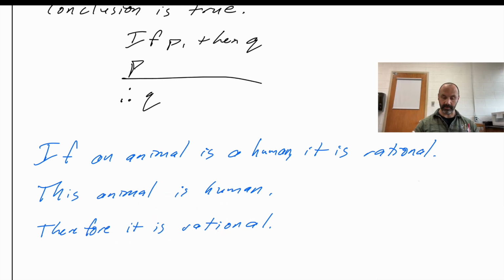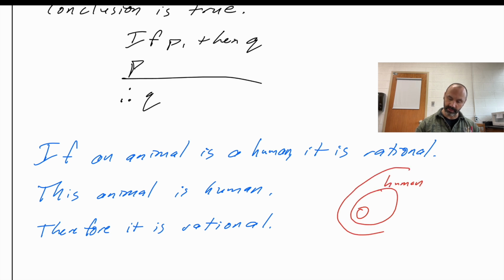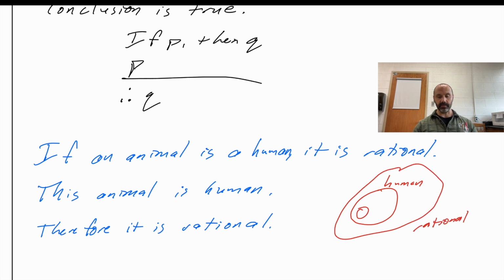We can make a Venn diagram for this too, right? It's saying that if an animal is human, so we have some animal, and it's human, then it's something that's rational. By the way, there could be other rational things like angels or divinity.